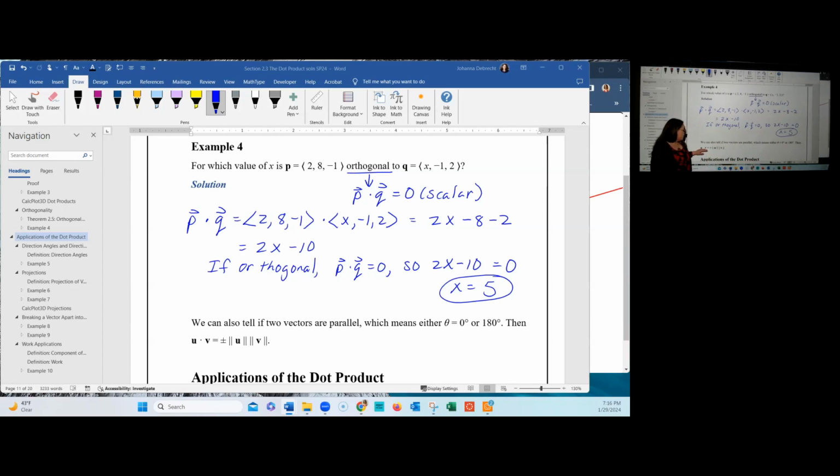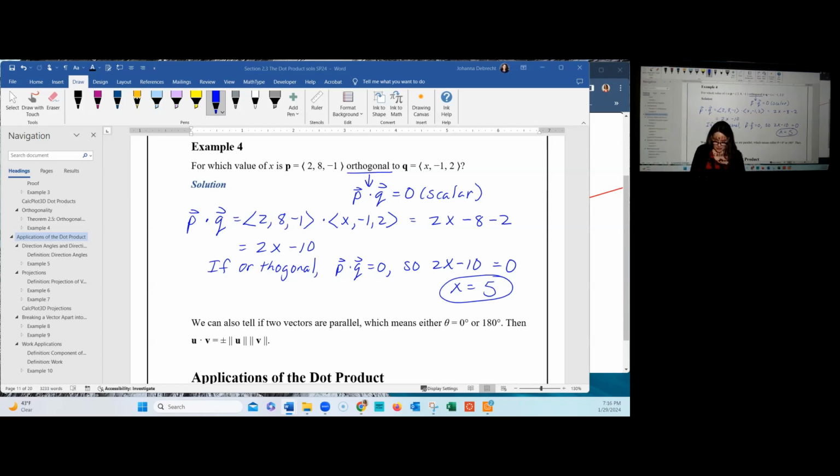So the dot product would be the positive magnitude of u times the magnitude of v, and then I would know that they are in the same direction. If it's 180 degrees, the cosine of pi is -1. So then the dot product would be the negative product of the magnitude of u and the magnitude of v.